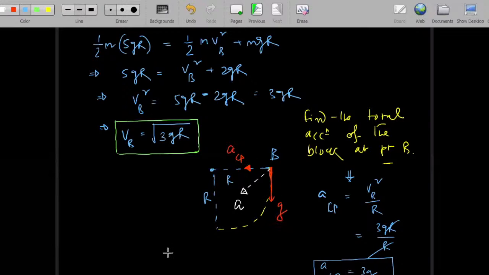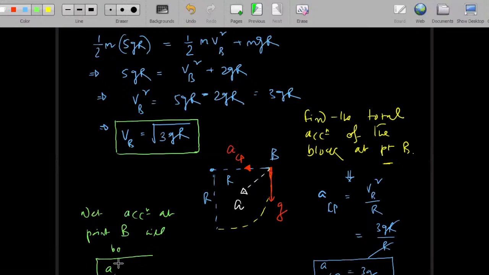Okay. So now A centripetal is 3G and this is acceleration due to gravity. Both are mutually perpendicular. So net acceleration at point B will be, these two are perpendicular, means root under of A centripetal square plus G square.